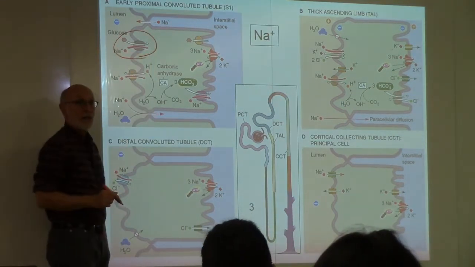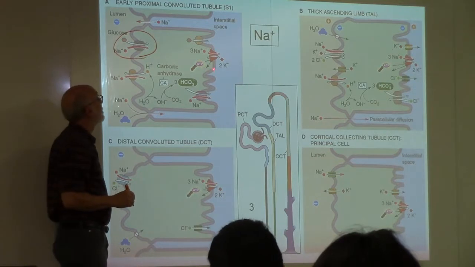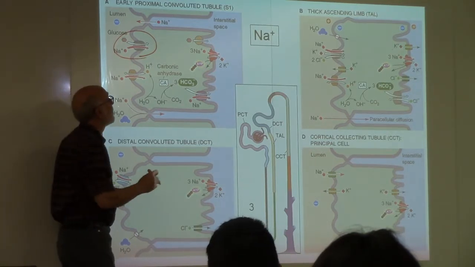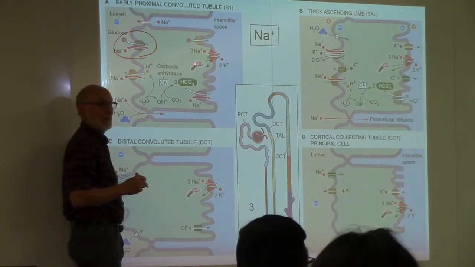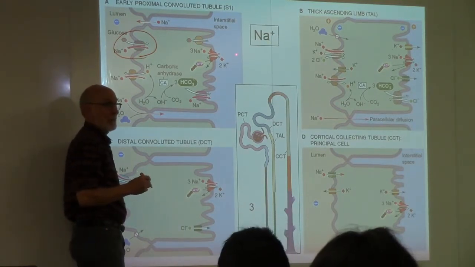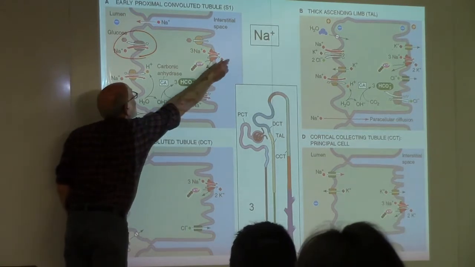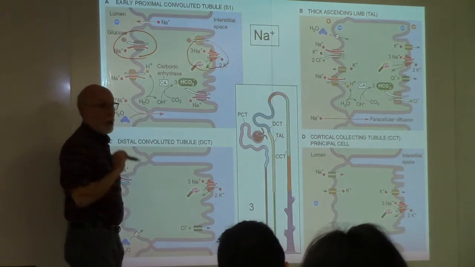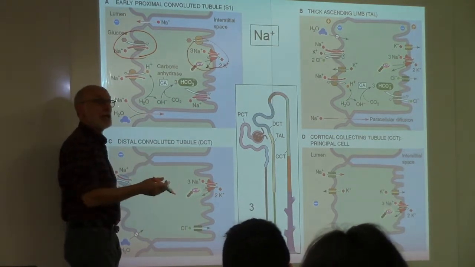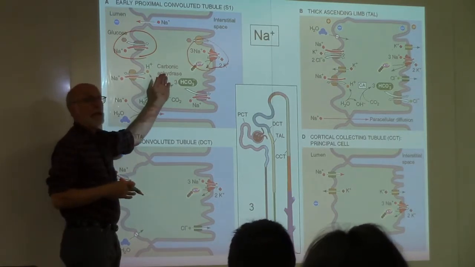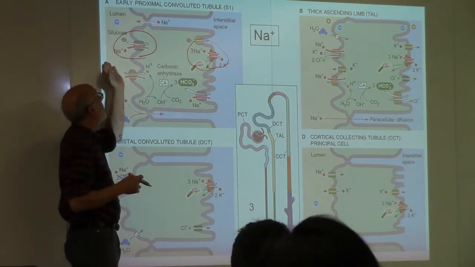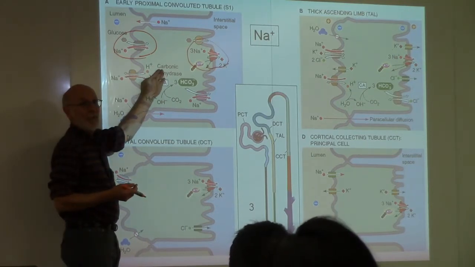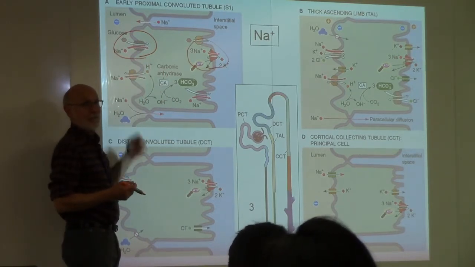We just described what it's doing. Yeah, and it pumps sodium out to the interstitial space. Pumping sodium out of the cell into the interstitial space, lowering the sodium concentration in the cytosol, providing the sodium gradient for this process.